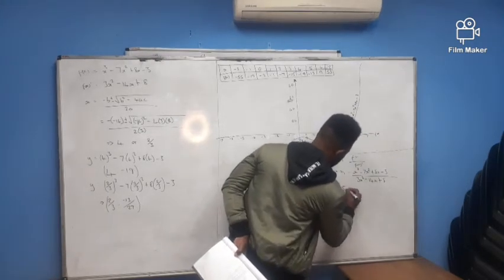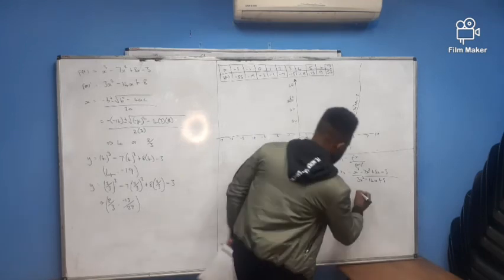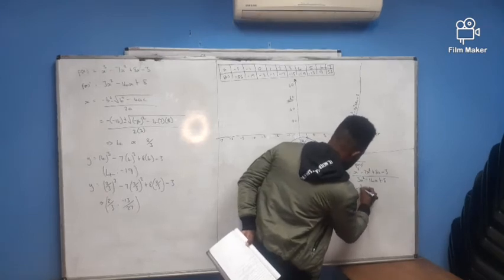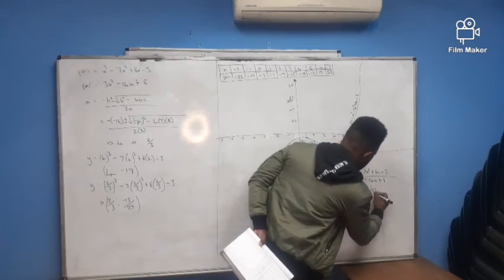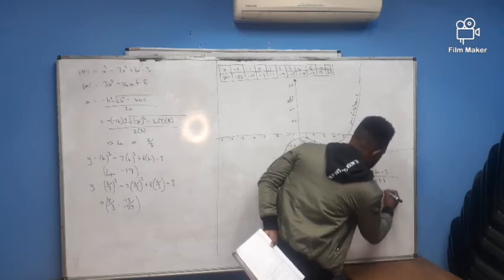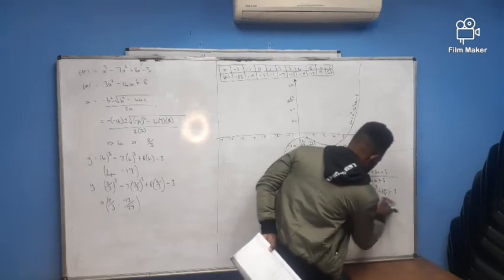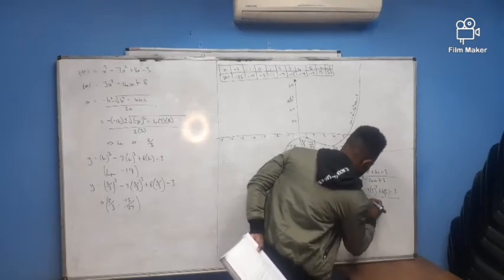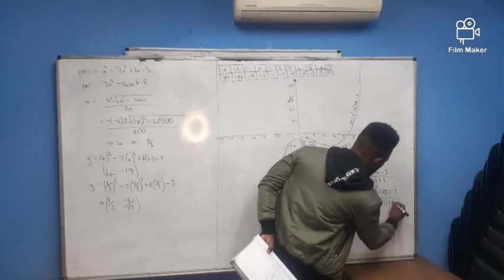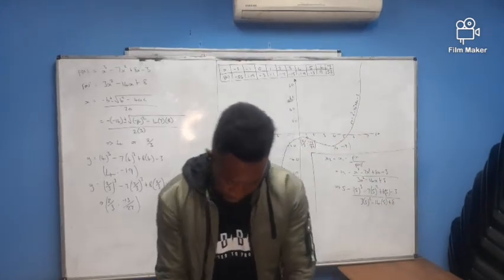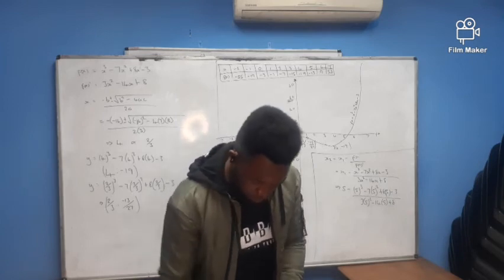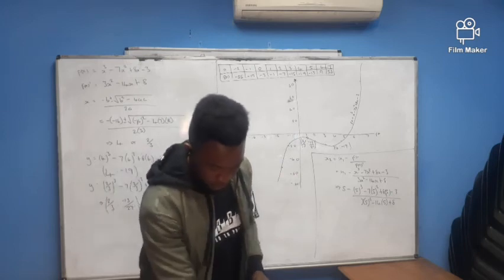And remember, I'm given the value of 5, so it's going to be 5 minus. I'm going to substitute where I see x, I put 5. So it's 5 minus 5 cubed minus 7 times 5 squared plus 8 times 5 minus 3, divided by 3 times 5 squared minus 14 times 5 plus 8. Let me just punch on my calculator and see what I get.